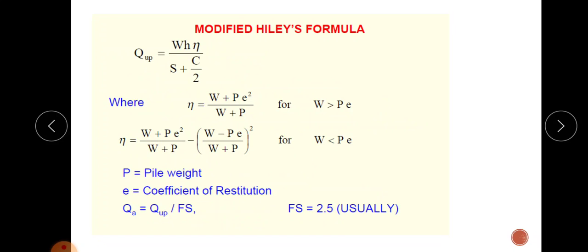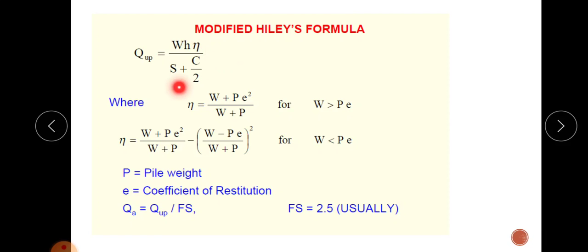The ultimate bearing capacity Qu, according to modified Hiley's formula, is equal to W H eta divided by S plus C by 2. Many terms here are related to the hammer. W is the weight of the hammer, H is the blow height, that is the height for which we are using the hammer blow, and eta is the efficiency of the hammer.